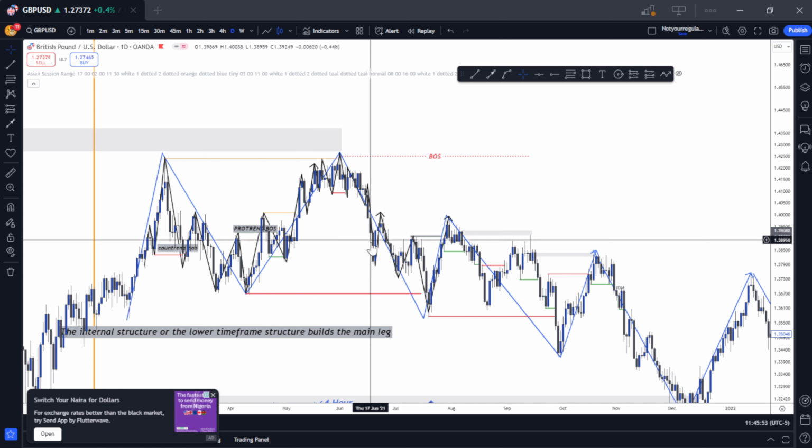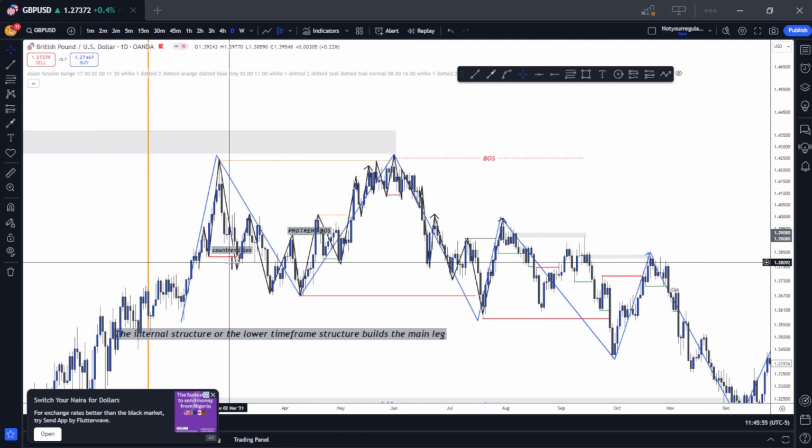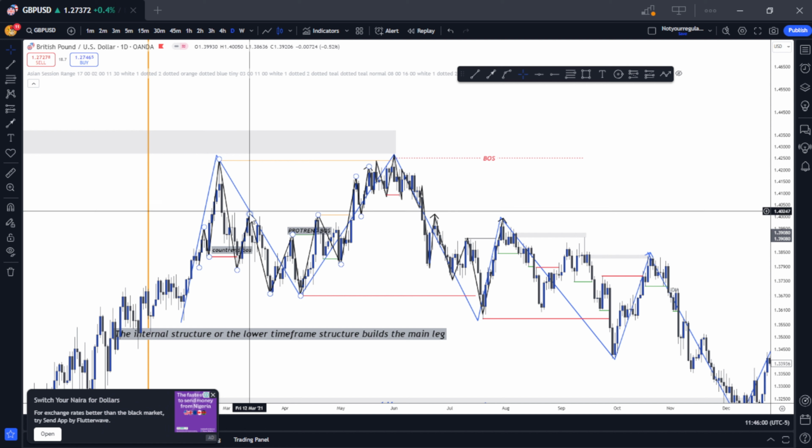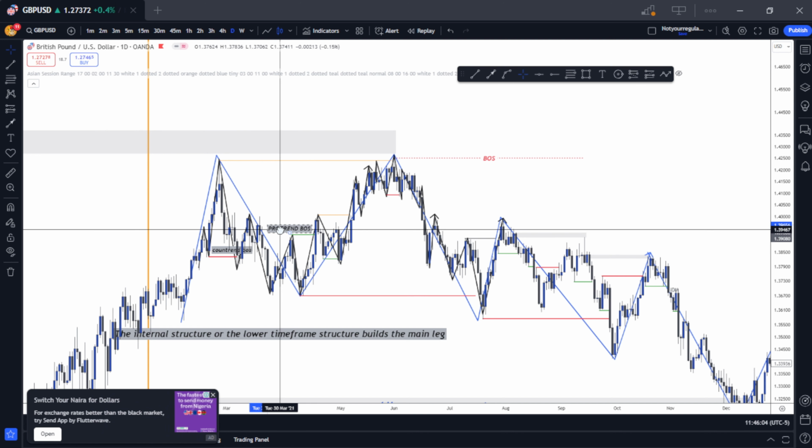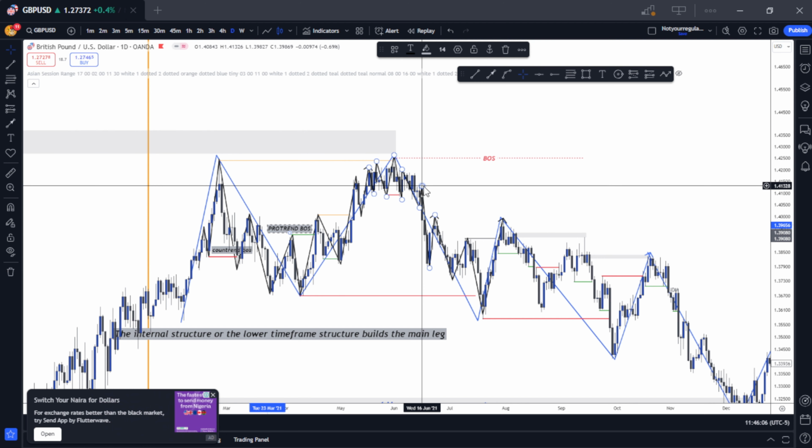Same thing applies to an uptrend. Just like it is here, a counter trend BOS signals a pullback on the higher time frame structure, and a pro trend BOS signals continuation of the higher time frame structure.